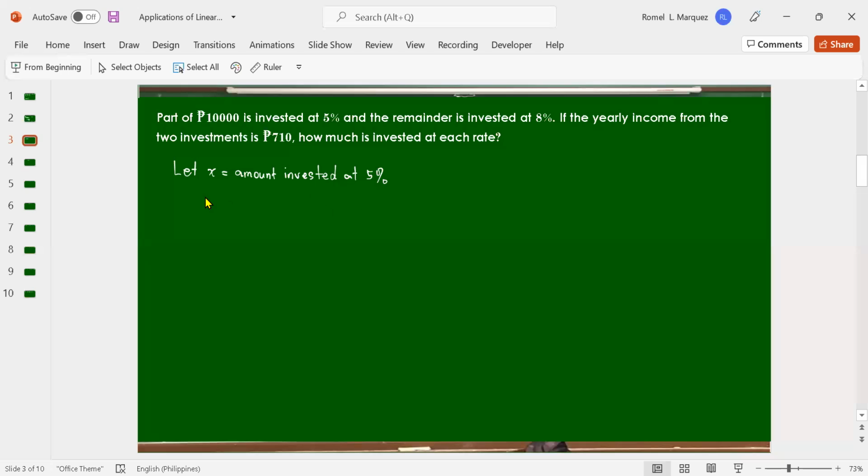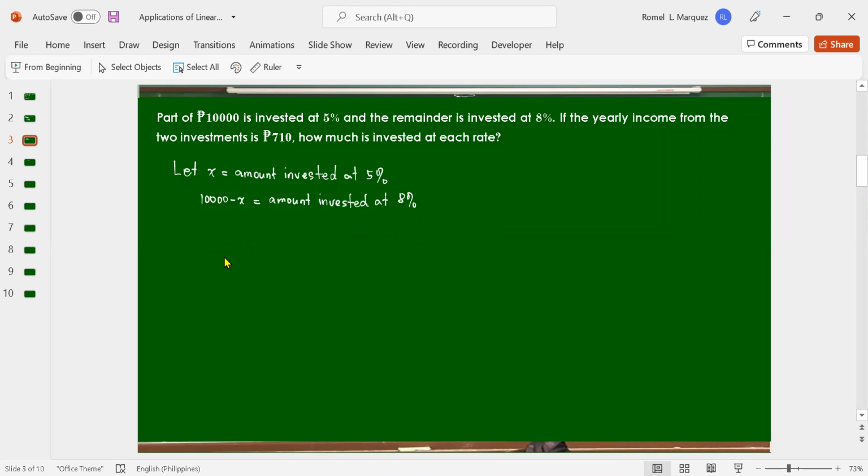Then what about the remaining? 10,000 minus X, the amount invested at 8%.